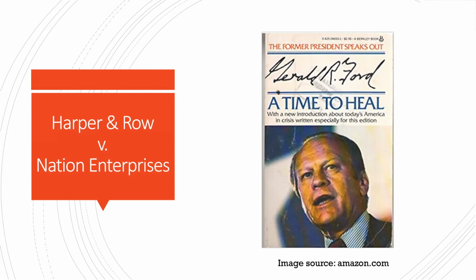Because of Nation Enterprises' publication, Harper & Row lost a contract with Time magazine, in which Time was to use part of the book and publish an article about the Nixon pardon before the publication of the book. Therefore, it was not fair use because it affected the marketability of the work, and the part of the work used was considered the heart of the work.